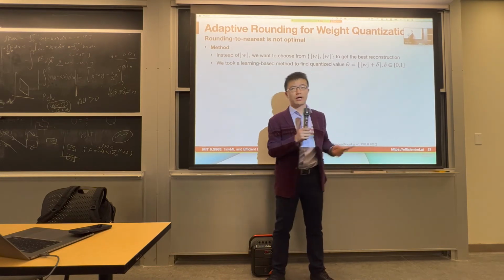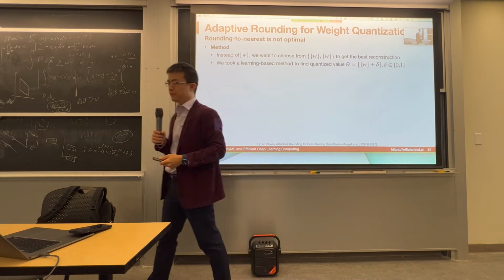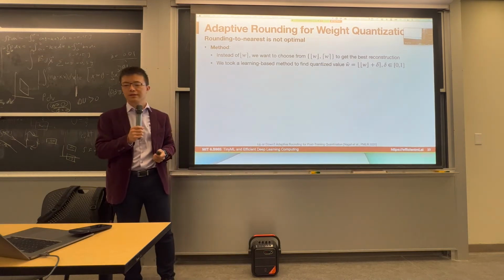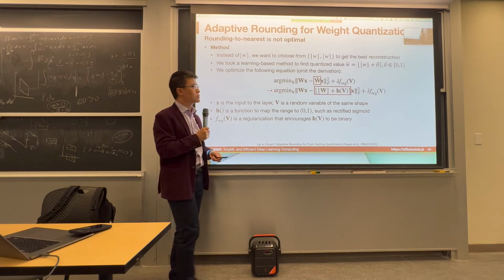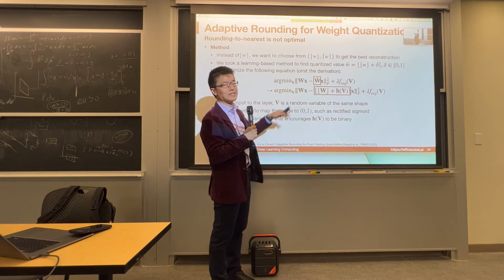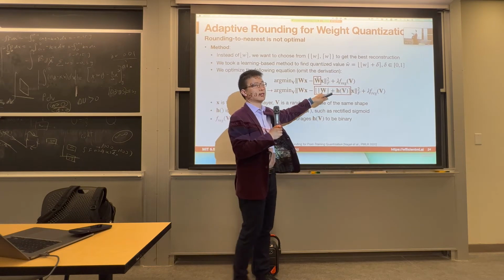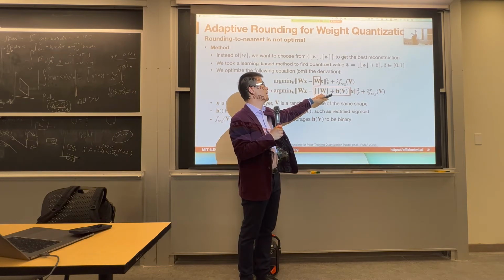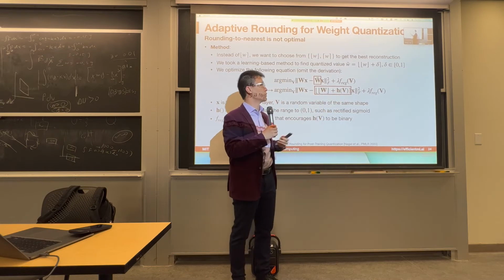Okay? We round this W floor plus this delta. Okay? So we want to try to find this V tensor, which has the same dimension as the weight tensor. Okay? And each value is between 0 and 1.